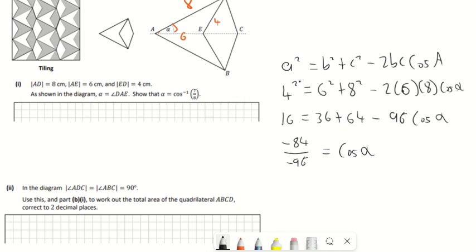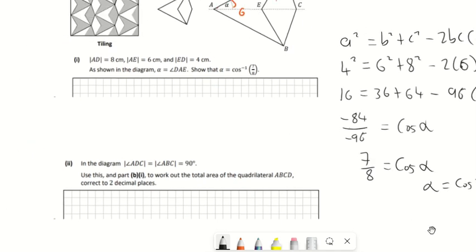So we get 7 over 8 is equal to cos alpha. Therefore alpha is equal to cos inverse of 7 over 8. So that's what you had to show.